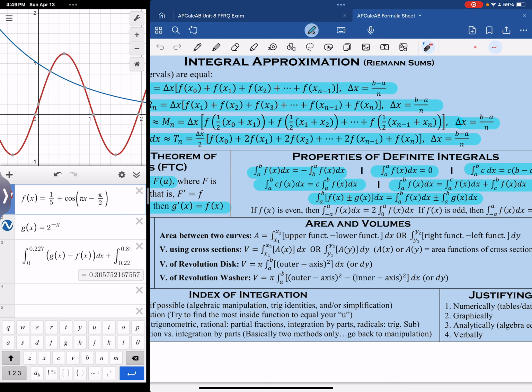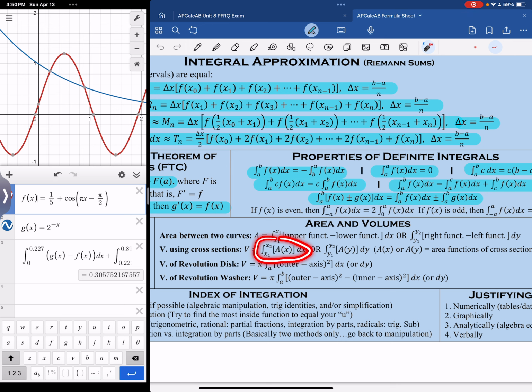Now for these two volumes, I didn't rewrite it for the y's, but I did do that with the volume using cross sections, and this is worth talking about because we're going to do this next. For these two, the area was just pi r squared. Those were the cross sections. For these cross sections, they could be any shape. The hard part here is defining these area functions.